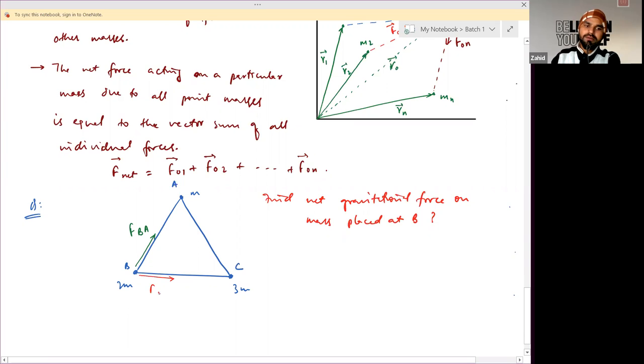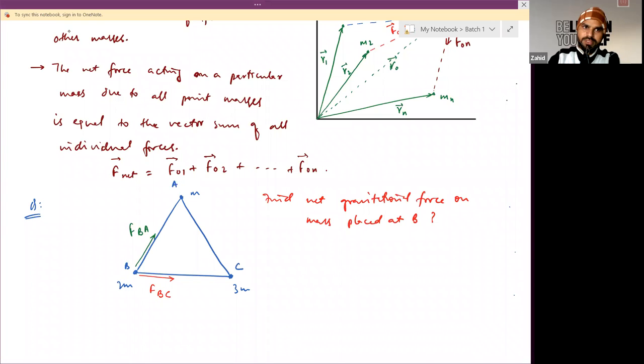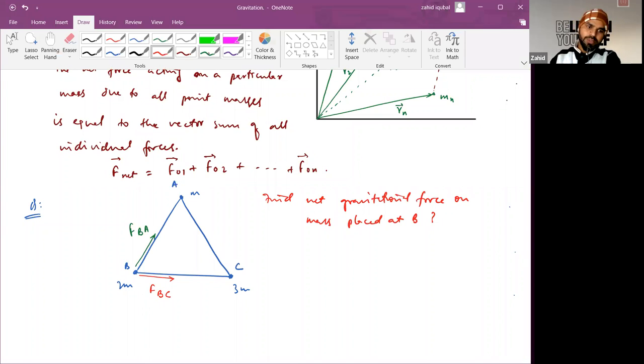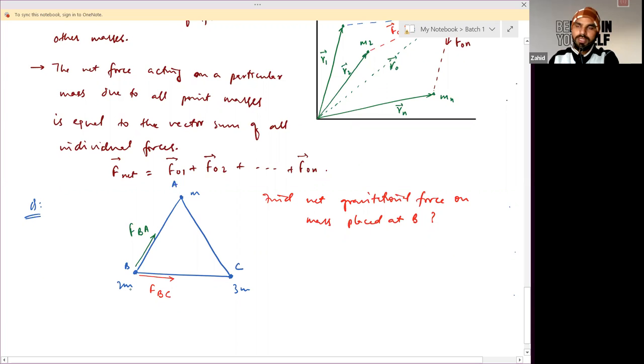So it will be force on B by C. So according to the first statement, these two forces will act on point mass 2m independently. There will be no impact of one over the other. So force on B by A equals G, product of masses, so m into 2m, by the square of the separation between them, so L square. So it will be 2 times G m square by L square.